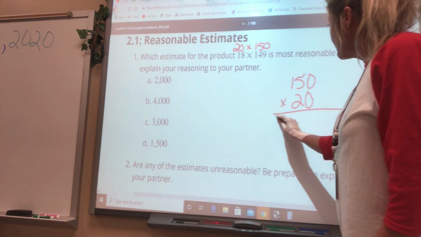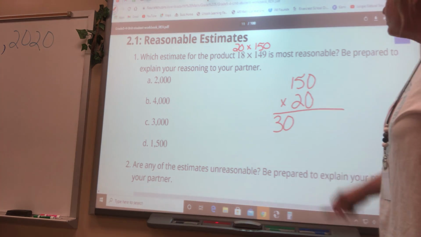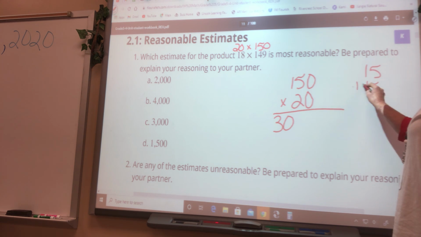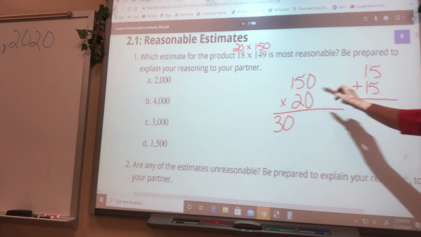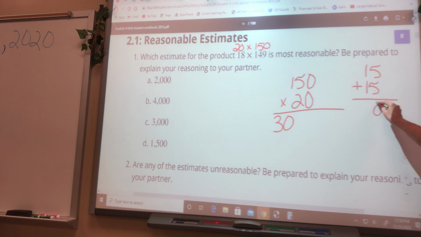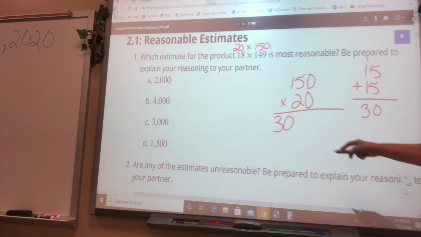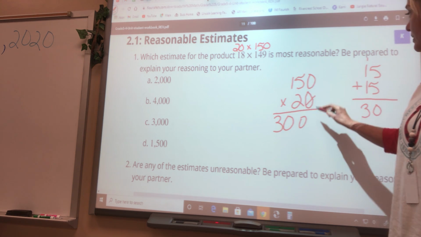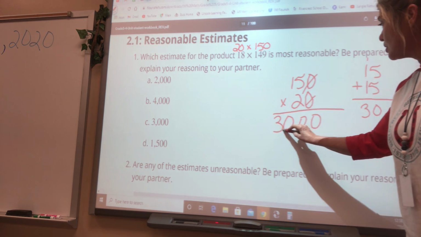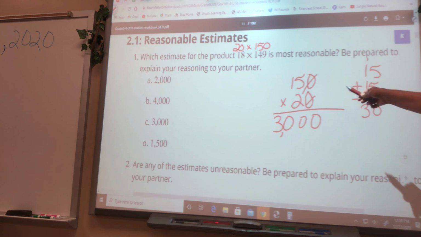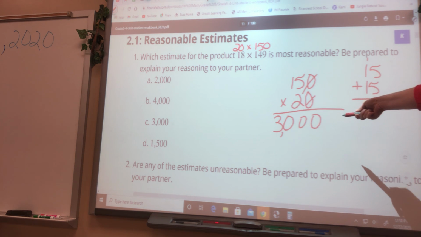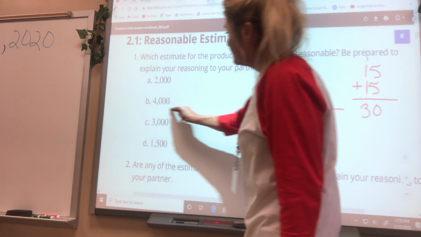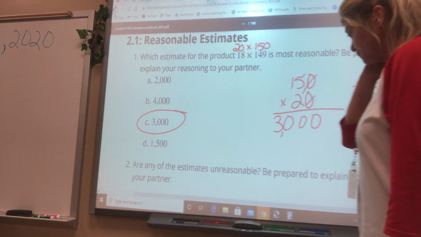That's quick math. That's 30. 15 2 times, if you also need to do it this way, that's fine. 15 2 times gives us 30. And then we haven't used this place value yet or this place value yet. So 150 times 20 is 3,000. So our most reasonable answer would be C.